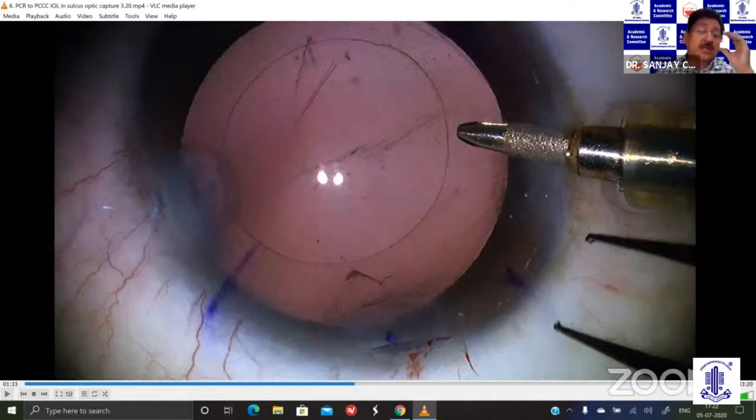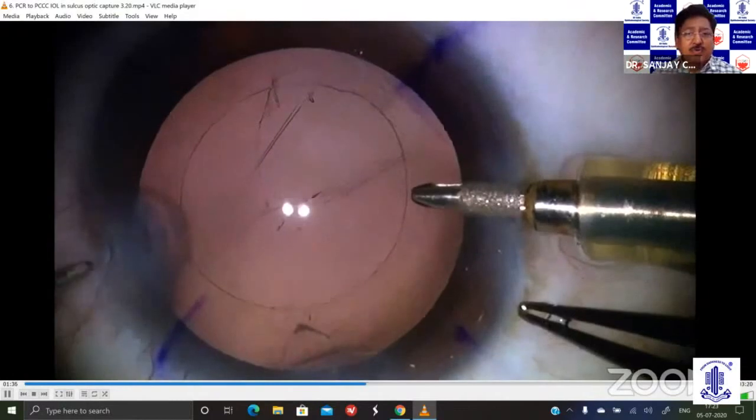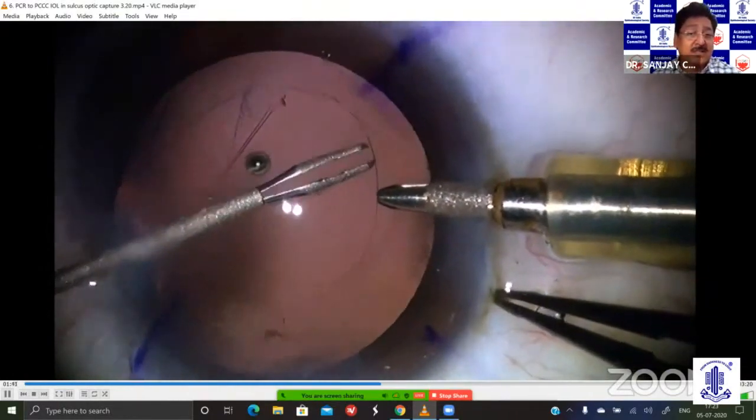Now, once this cortex cleanup is clear, my next target is, can I do a posterior CCC and round off the edges so that this rent does not run out? Again, I'm not doing this under a viscoelastic.